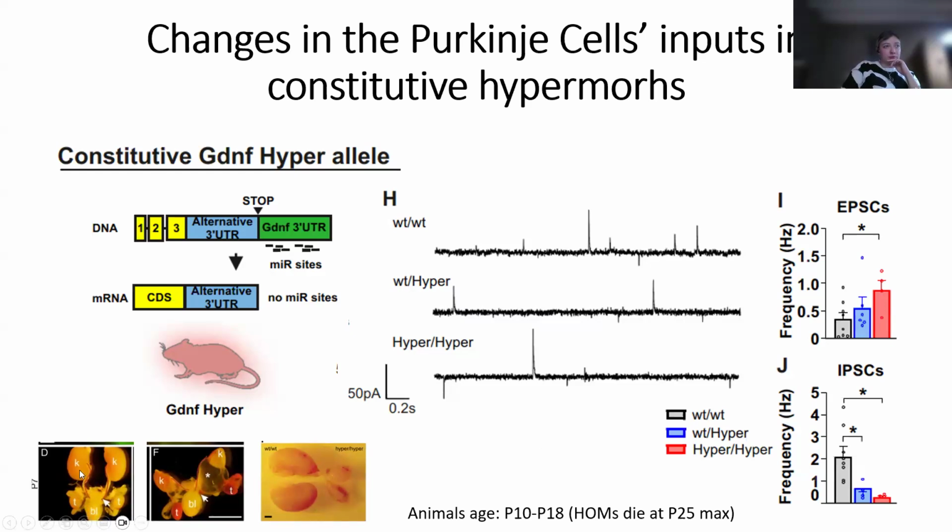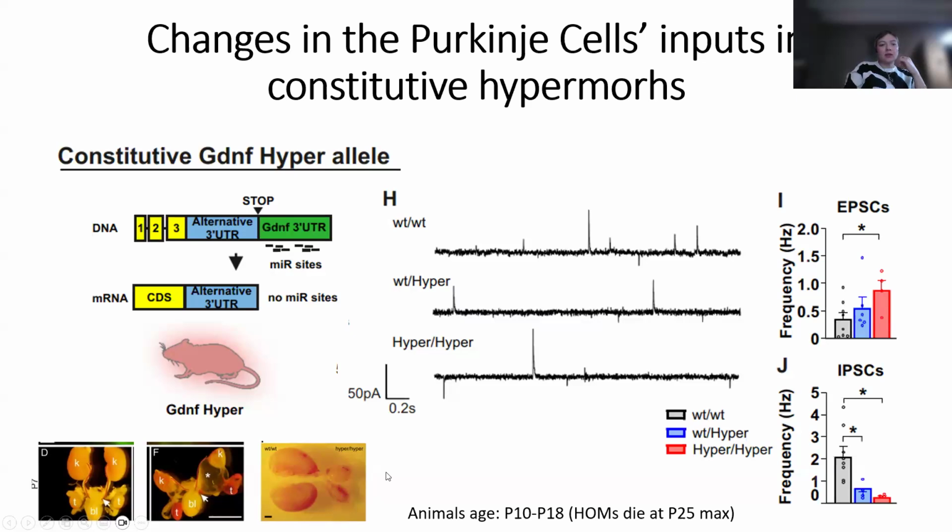This is a normal kidney and urogenital development, but this is in the GDNF homozygous hypermorphs. This is the size of kidney that they get at P7, so it's probably very hard to live with such kidneys.